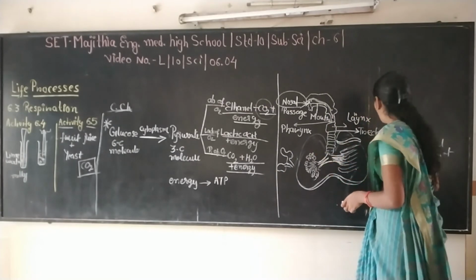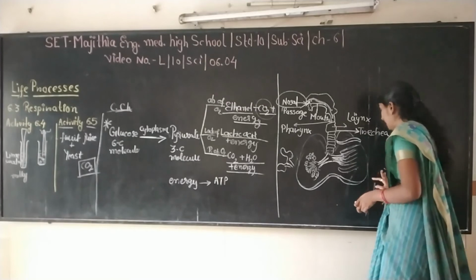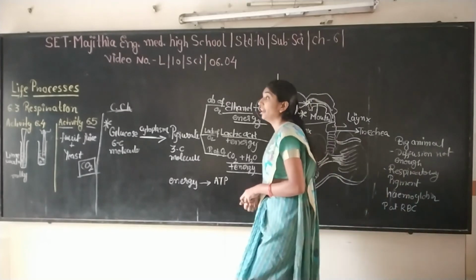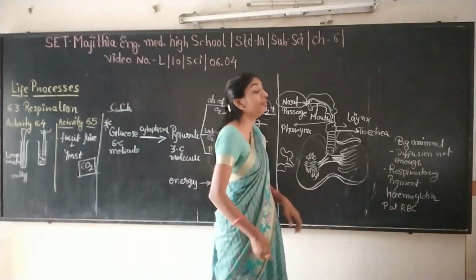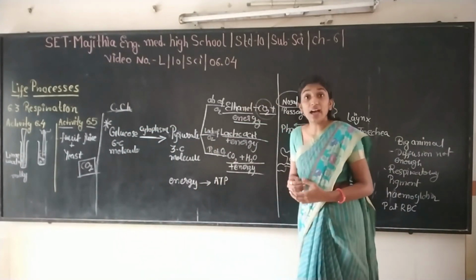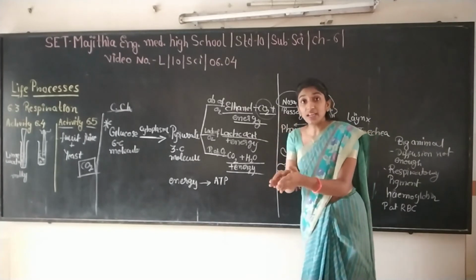Therefore, a respiratory pigment should be there. This respiratory pigment in human beings is hemoglobin, and this hemoglobin has a high affinity towards oxygen.